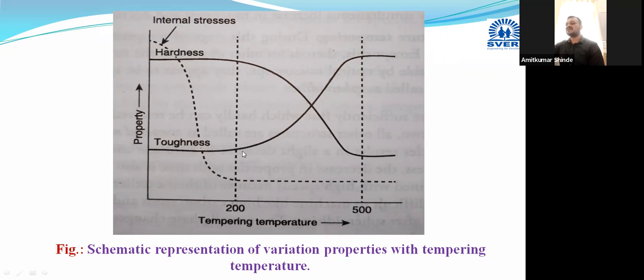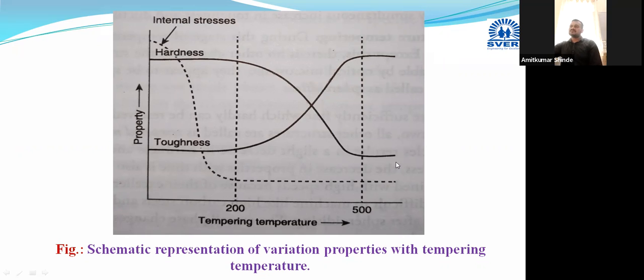But when you go for medium temperature tempering or high temperature tempering, there hardness is decreased by a significant amount and toughness is increased. Means in high temperature tempering, we will be able to achieve the highest toughness or ductility, and hardness is decreased by a significant amount there.